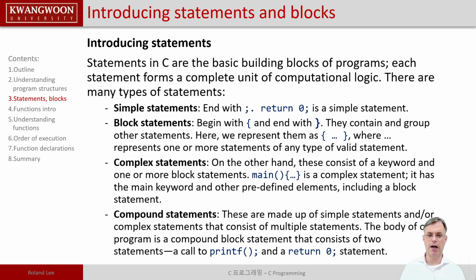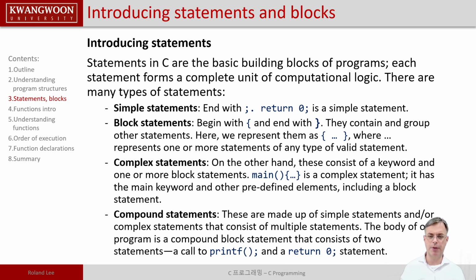This consists of a keyword and one or more block statements, like main, which is a complex statement. It has the main keyword and other predefined elements, including a block statement. Compound statements are made up of simple statements and or complex statements that consist of multiple statements.